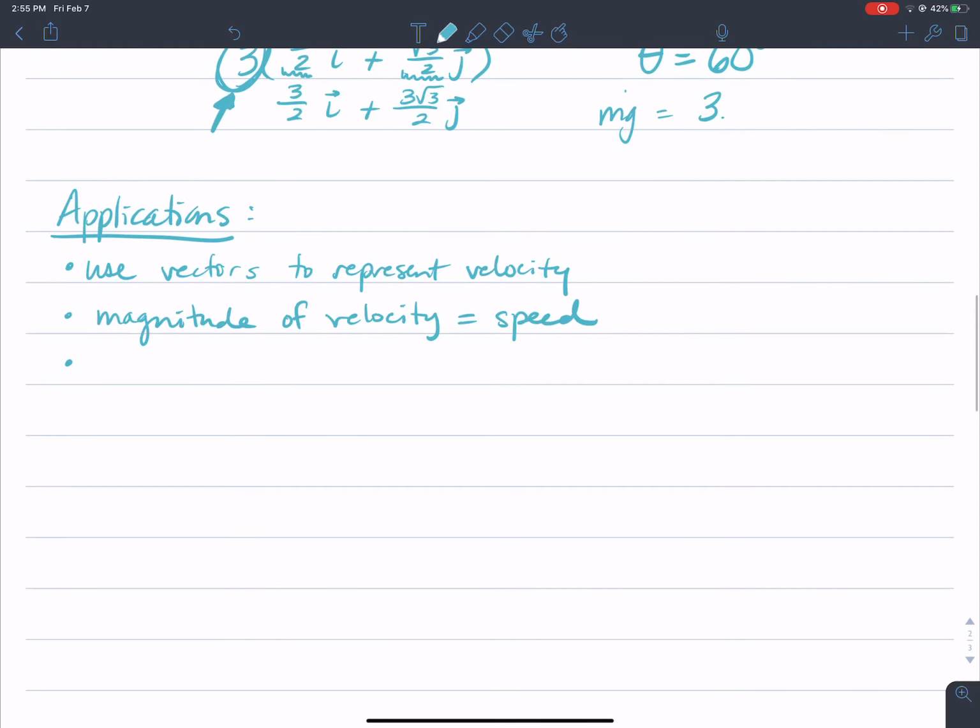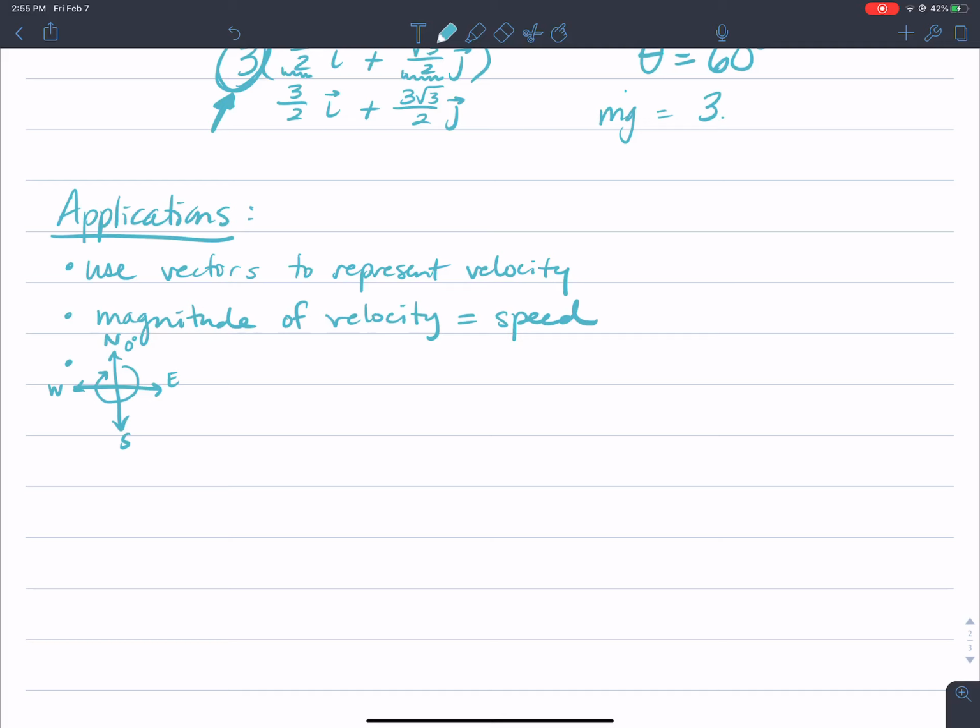And the other really important thing here is that the angle, whenever we're talking about things that are moving and taking direction and navigation, they don't use normal angles like we've been using in trig. They talk about compass angles. And so when they talk about the compass, north, south, east, and west, north is your 0 degrees. And then we move around clockwise.